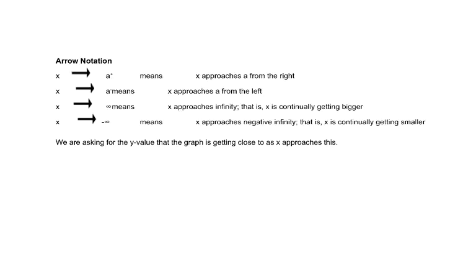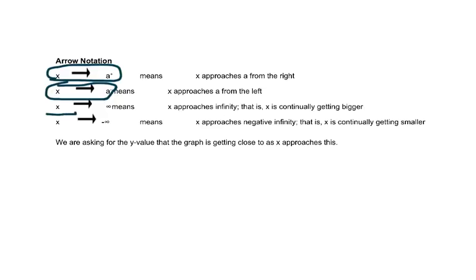So this arrow notation is a way of looking at a graph. And we'll talk about what this means more in the next few examples, but this is saying that x is getting close to some number, and the little plus sign means from the right. Here this is saying x is getting close to some number, and the little minus sign after the number means from the left.